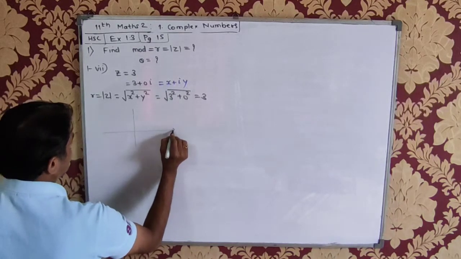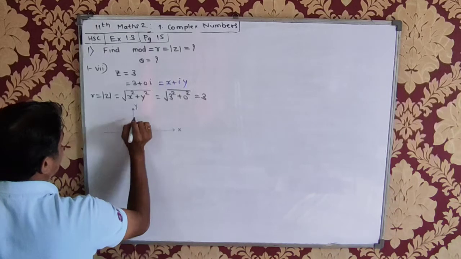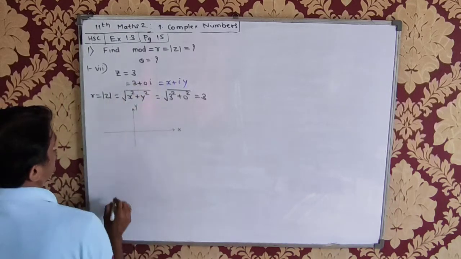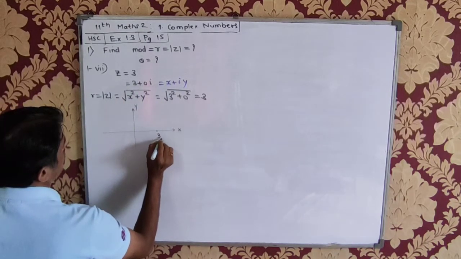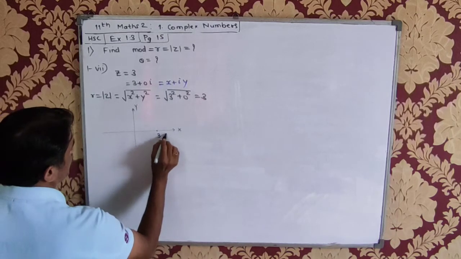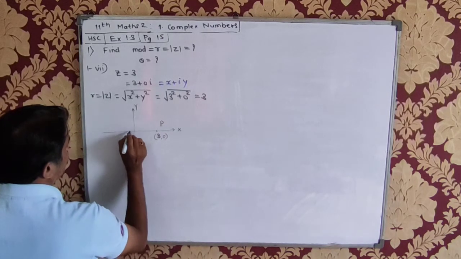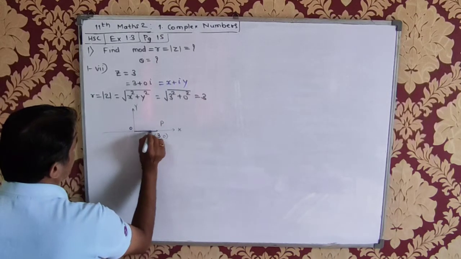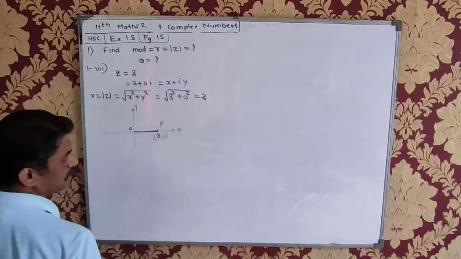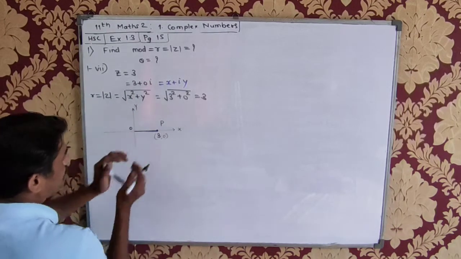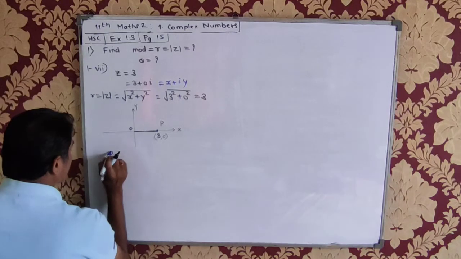This is the real axis and this is the imaginary axis. It is 3, 0, so it's here. This is point B, and this is the complex number. What angle is it making with the x-axis? 0. So theta is equal to 0.